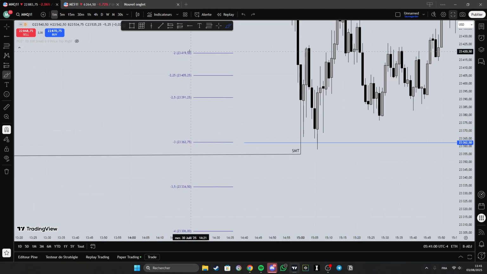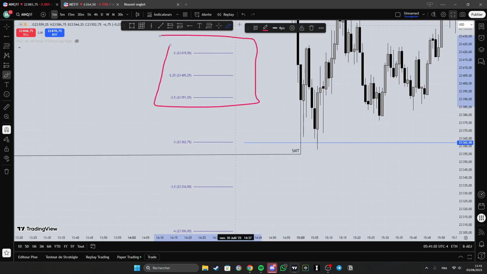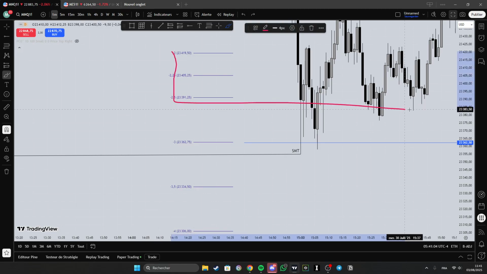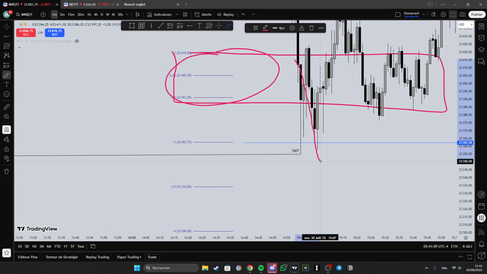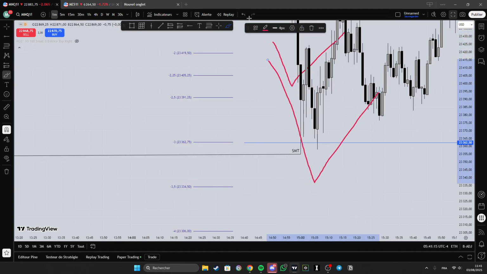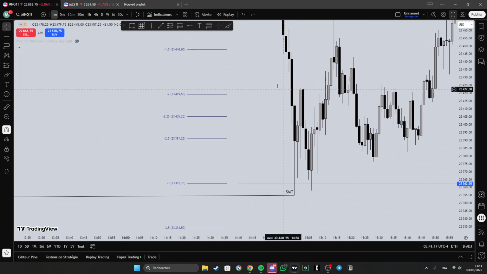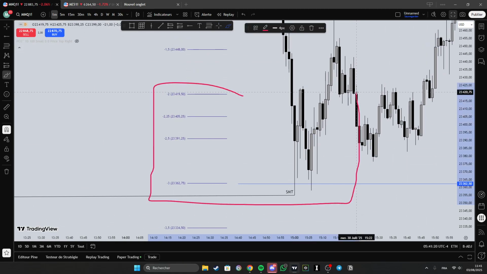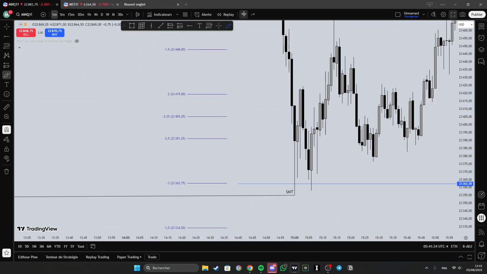I also use these levels, but as you can see, they are not really accurate because price often goes here, but sometimes goes way deeper, or sometimes it only goes like this and then reverses, sometimes this reverses, sometimes this reverses. So when price comes into your levels, which are this one, you need to watch out for signs that we're gonna reverse.